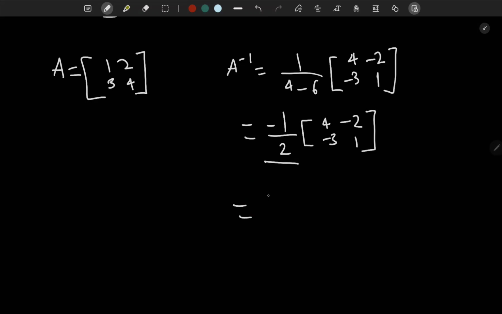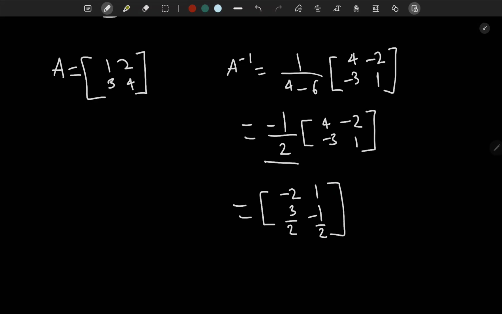So now the final matrix will be negative half times 4 is negative 2, negative half times negative 2 is 1 here, negative half times negative 3 is going to be 1.5. You can also write as 3 over 2. Actually, yeah, that will be better. And then negative half times 1 is negative half, and this is the final answer.